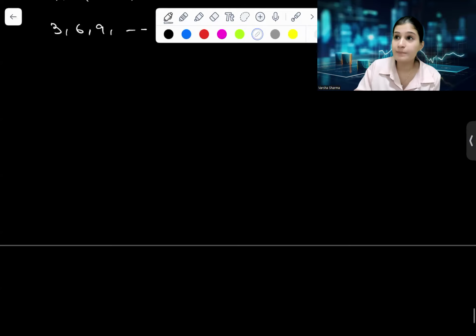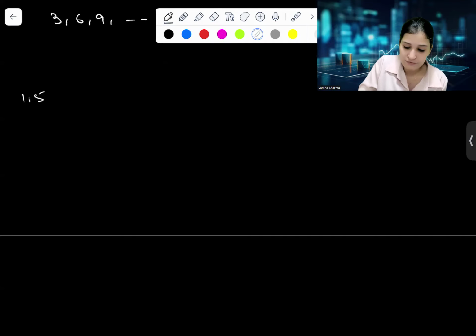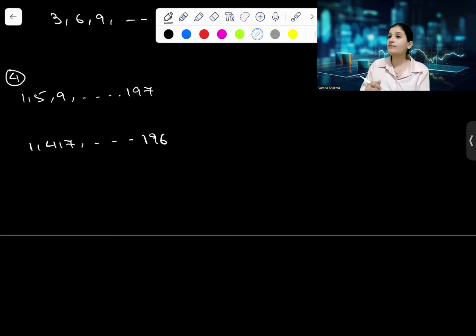But what question number 4 says is, I have a sequence here, 1, 5, 9 up to 197. And I have another sequence 1, 4, 7 up to 196. Some of the terms of the first sequence are the same as terms in the second sequence.